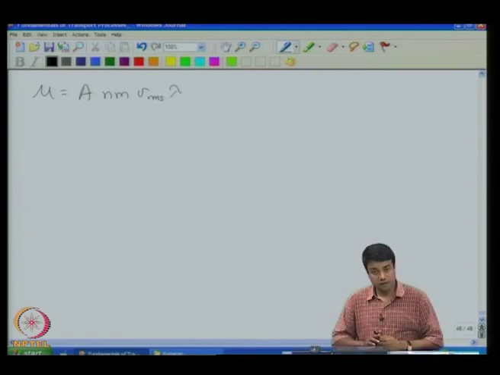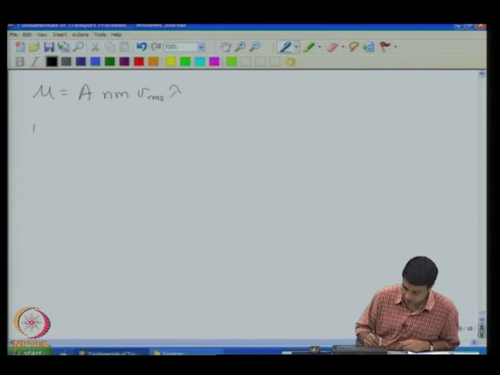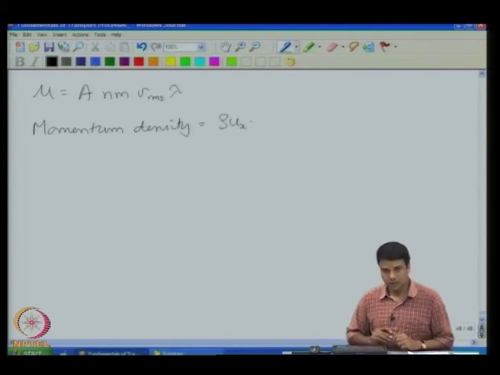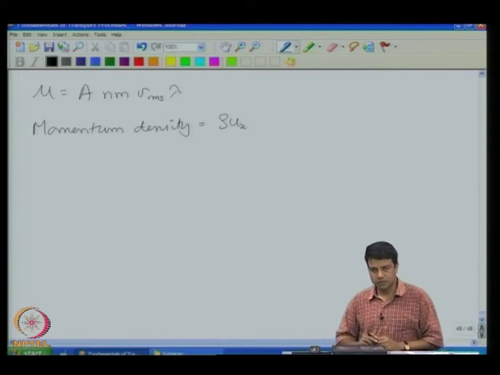The kinematic viscosity, we had discussed that earlier. When we write the diffusion equation, the flux of a quantity per unit area per unit time is equal to the diffusion coefficient times the gradient of the density of that quantity, in this case momentum. Momentum density is just rho times ux in the x direction, momentum per unit volume.